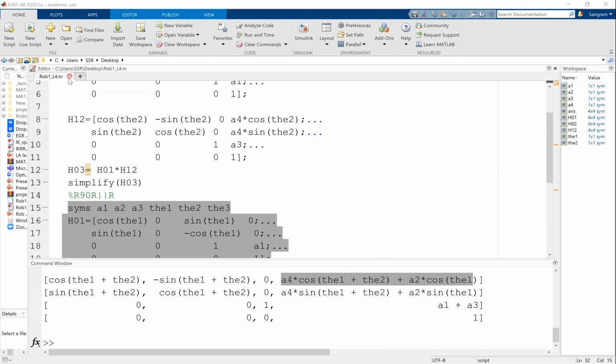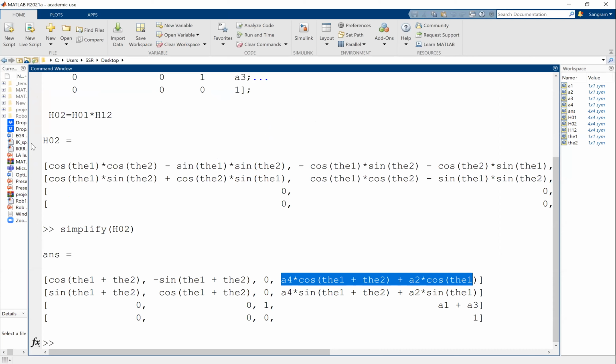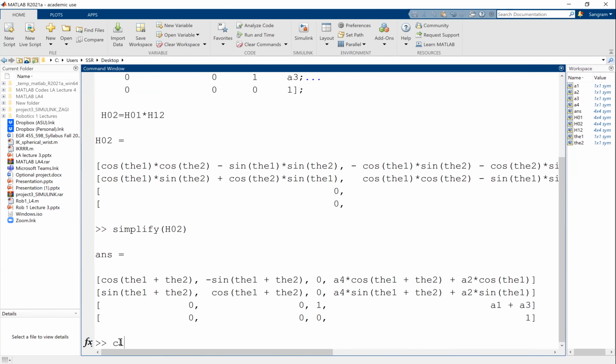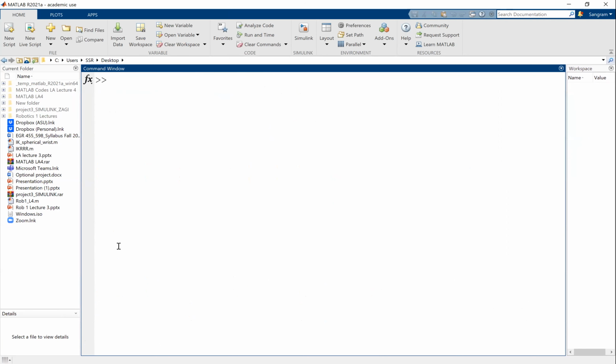So if you don't have your Matlab up and running, I would strongly recommend you open Matlab. And I'm going to say clear all, clc.